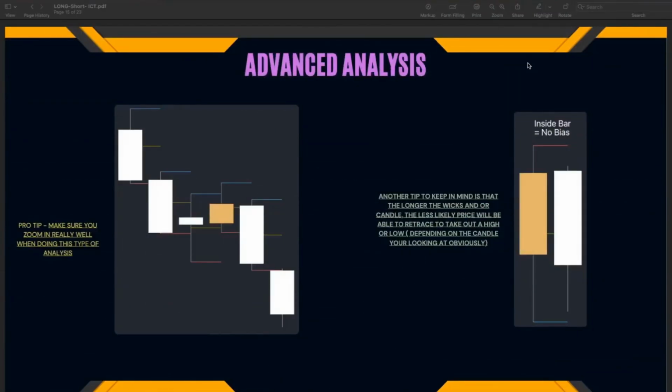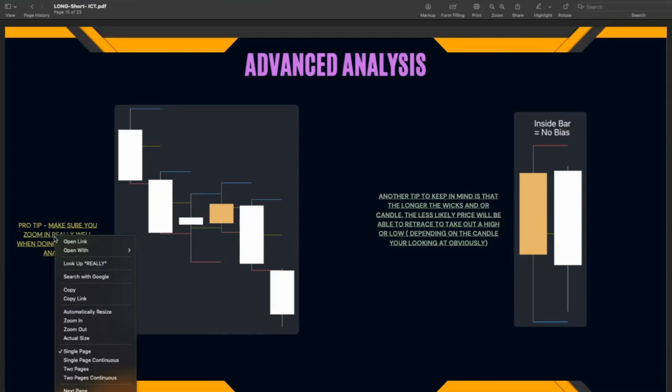All right, now we're going to do some advanced analysis, and here's a couple of individual tips. I'm going to start off with this one, which says make sure you zoom in really well when doing this type of analysis.